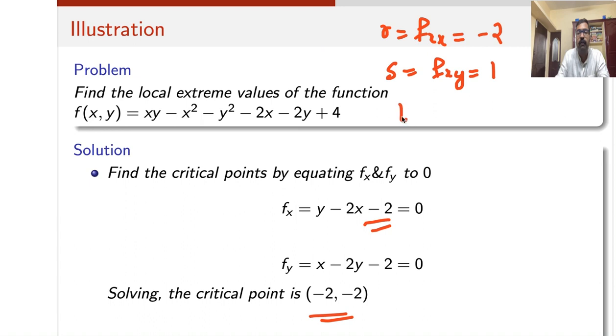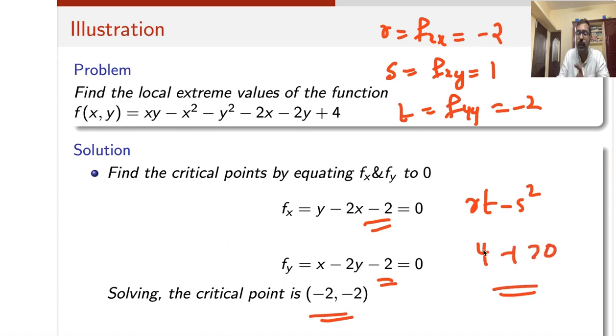And fyy, you differentiate with respect to y, and you get minus 2. Now we check rt minus s square. It is 4 minus 1, which is greater than 0. So there is a maximum or minimum at minus 2, minus 2.